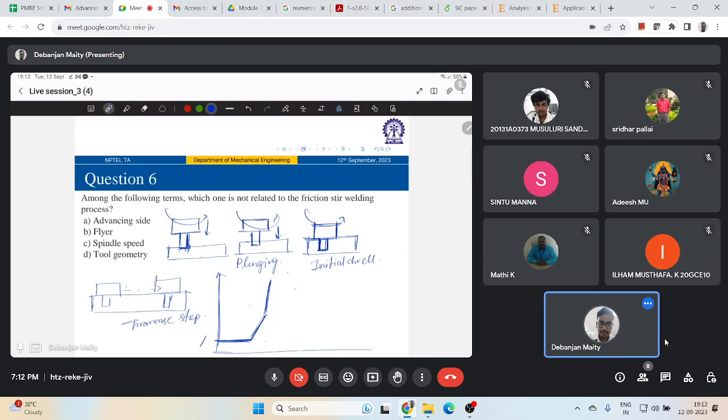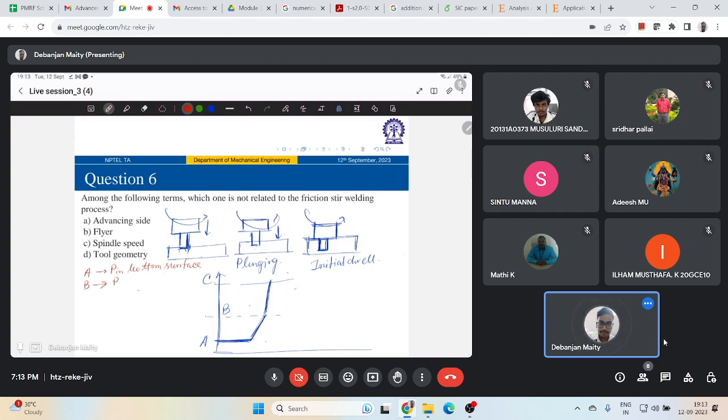So let's say this is region A, this is B, and this is C. So what is A? A is the pin bottom surface. What is B?